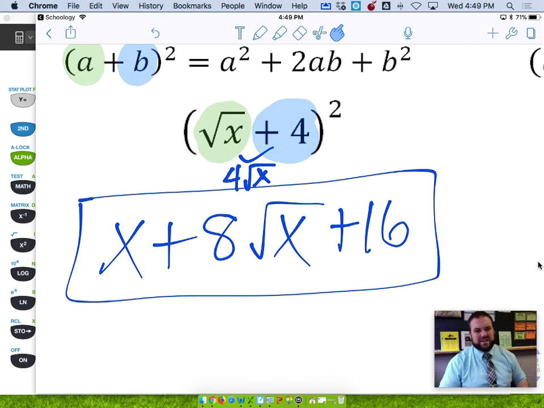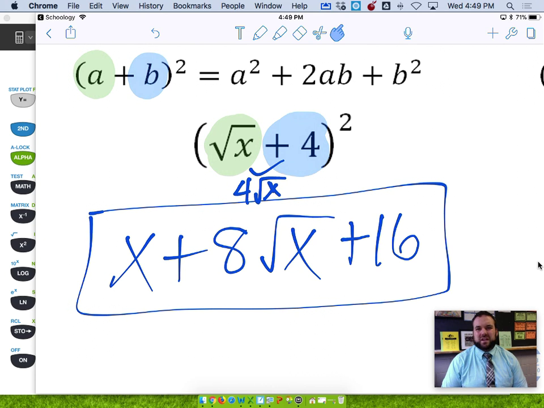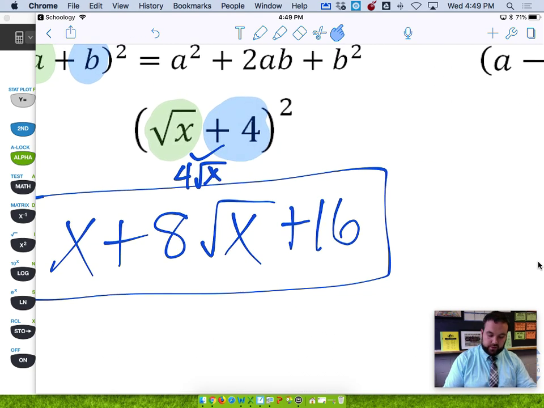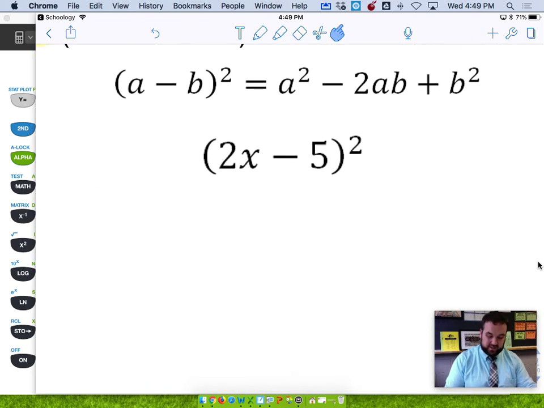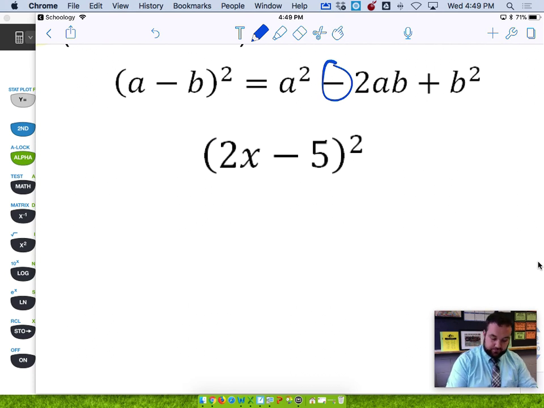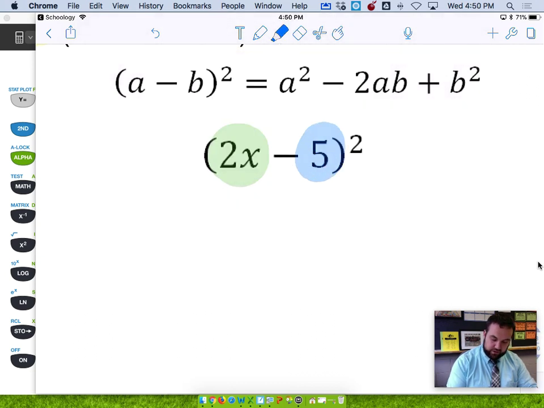Again, the formula is kind of lengthy and not something I expect you would remember or memorize, but it can be helpful if you're trying to square something very quickly. And we see that if it's a subtraction, it's almost the exact same thing. The only difference is in the middle we have a minus sign instead of a plus sign. So here, what I'm calling a would be represented by 2x, and what I'm calling b is represented by the number 5.